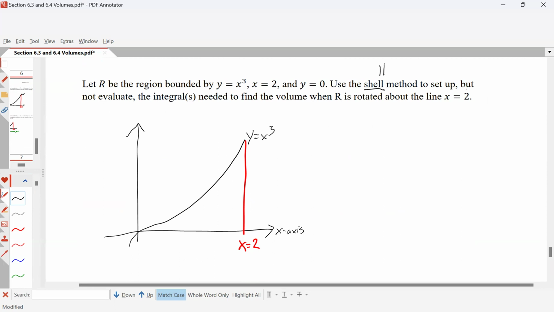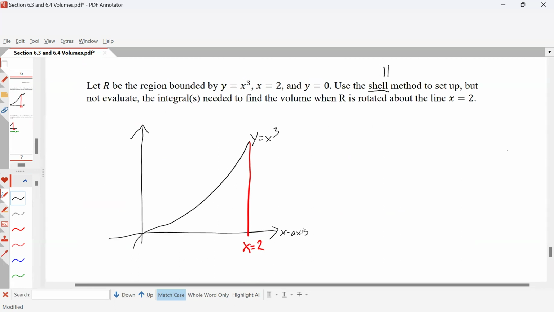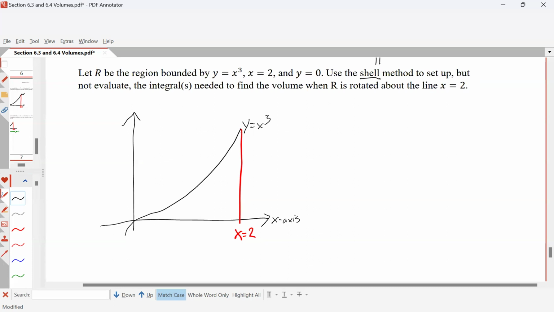We are rotating about the line x equals 2, so we're rotating around this line over here. We're still parallel, so our slices are still hitting the x-axis. Since our slices are hitting the x-axis, we're in terms of x.